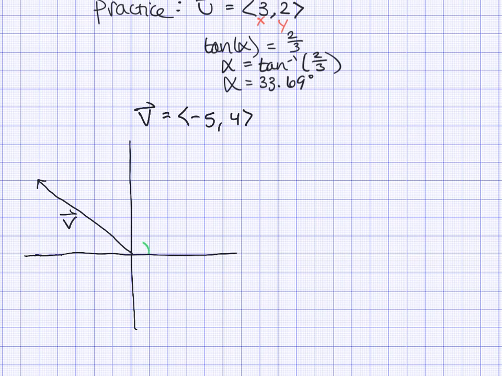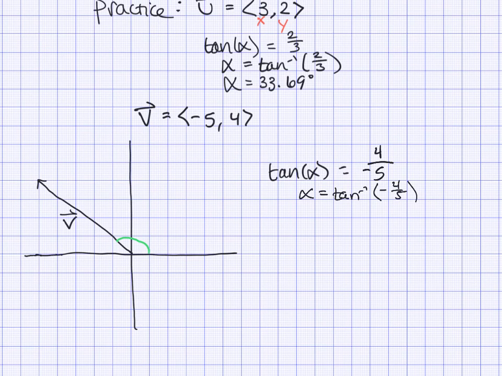Now what I need to find is this right here. So I'm just going to do what we've been doing so far. Tangent of alpha is equal to my y value over my x value, or alpha is equal to tangent inverse of 4 over -5.